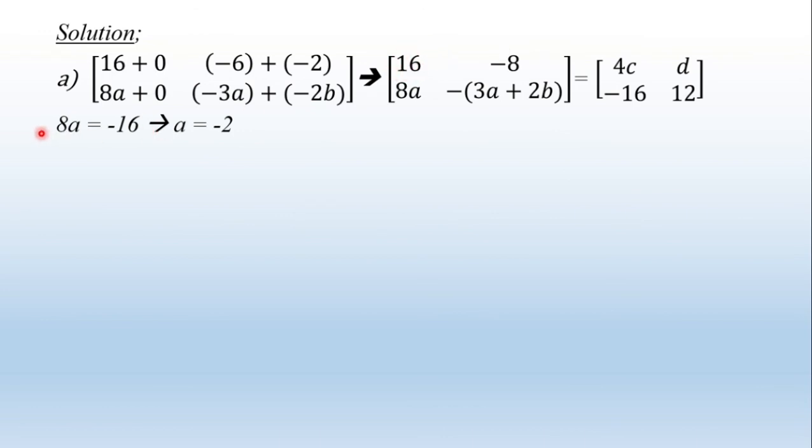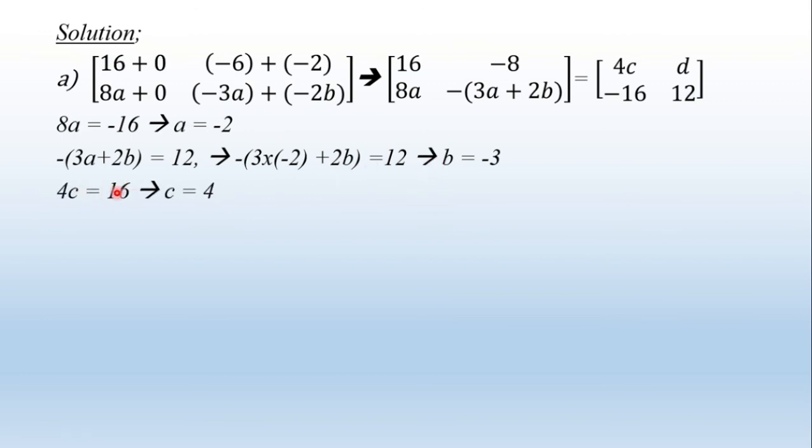That means minus 8a is equal to minus 16, then a is equal to minus 2. Minus 3a plus 2b is equal to 12. Substituting a equals minus 2, minus 3 times minus 2 plus 2b is equal to 12, so finally b will be minus 3. 4c is equal to 16, which implies that c is equal to 4. And d is equal to minus 8.